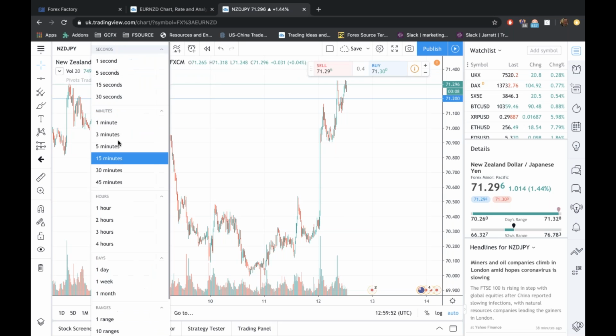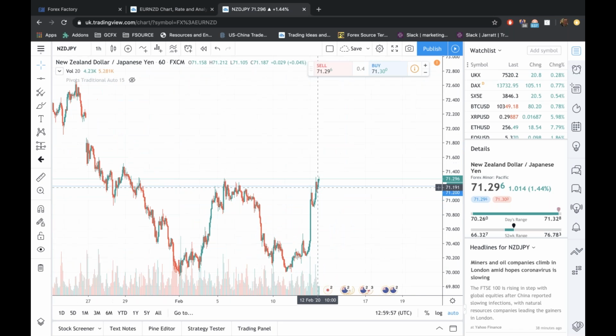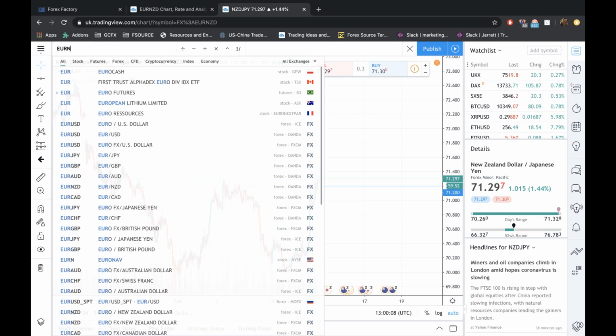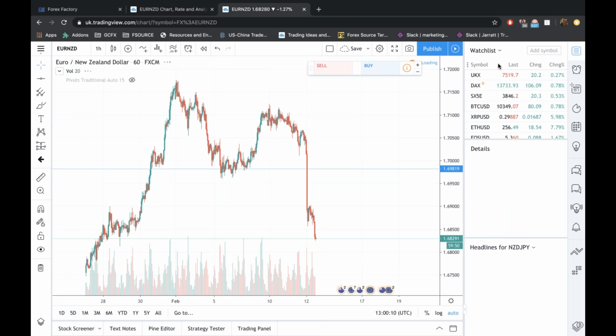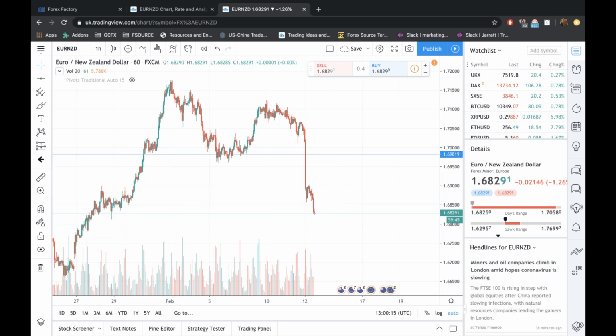Where's the neckline you're talking about? Okay, we've moved on. All right, that's cool. I'm sorry, Cecile. My apologies for only just picking up your message there. I hadn't scrolled down on the question, so my apologies for that. But that's how I'm looking at that Euro New Zealand dollar.